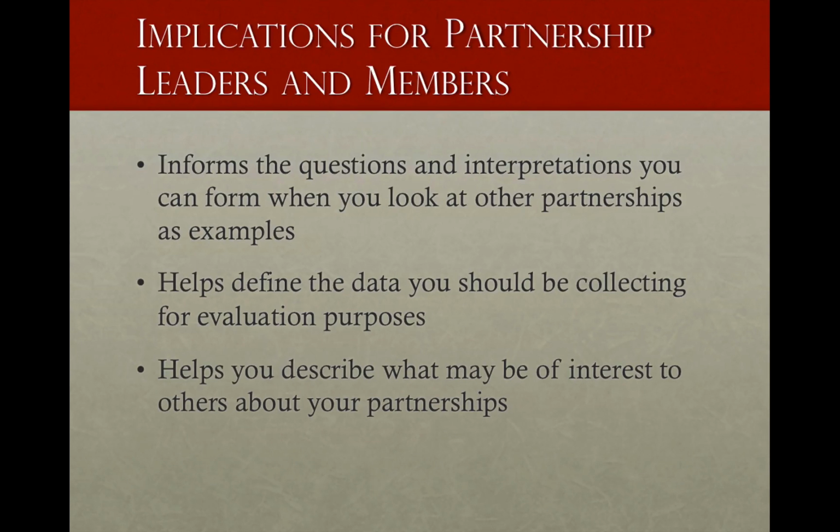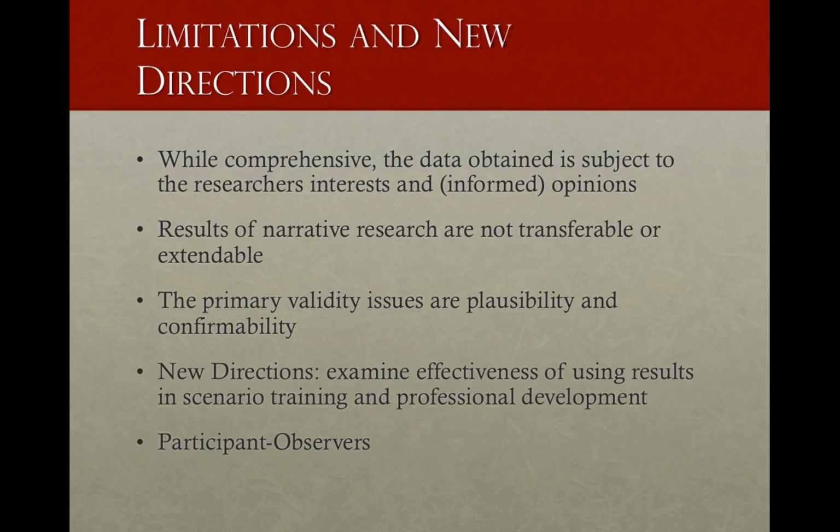Now, the work that I've just described, while it's comprehensive, the data itself follows my own research interests. Those documents were analyzed by me, informed by the research community about what matters, but they were translated through my own informed opinions about that. Other researchers might find other interpretations of those same documents.